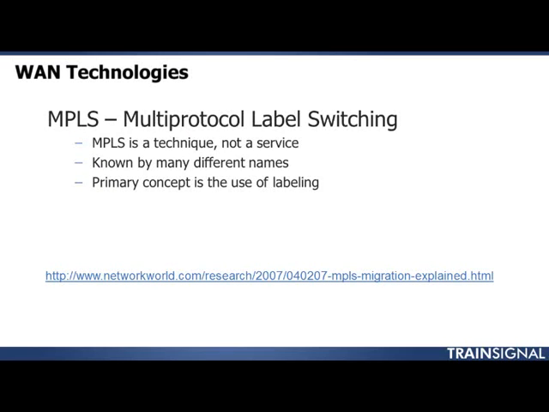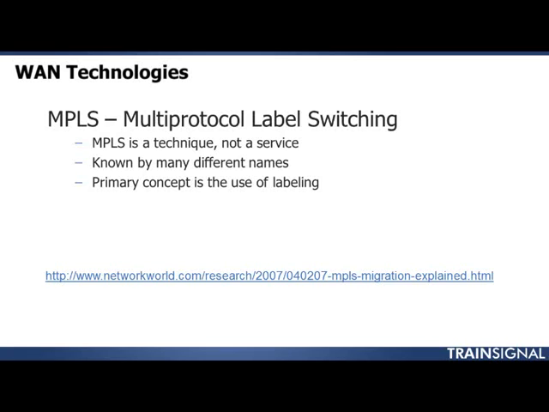Now, there's another WAN technology here, which I'm going to be point blank on this one. I mean, you can tell even just from the screen. This thing called multi-protocol label switching, MPLS. First of all, it's a technique, not a literal service. It is known by some other names as well, and it's just the idea of using something called labeling. By labeling the different types of data, we could get different types of throughput.